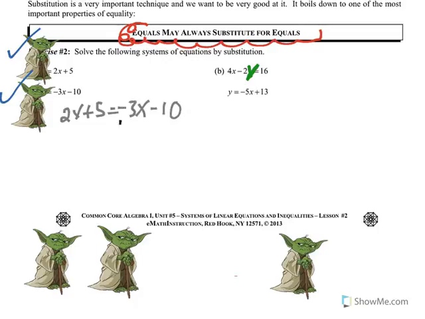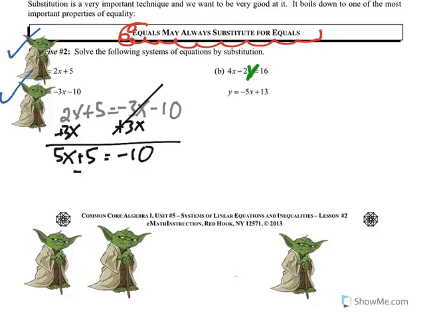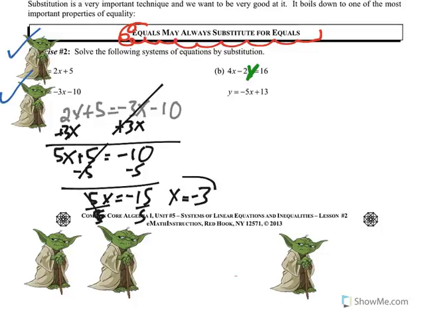And you can solve this equation by adding 3x to get the like terms to go together. That'll be 5x plus 5 equals negative 10. You could subtract the 5 and find 5x equals negative 15. And if you divide by 5, you'll find that x equals negative 3.